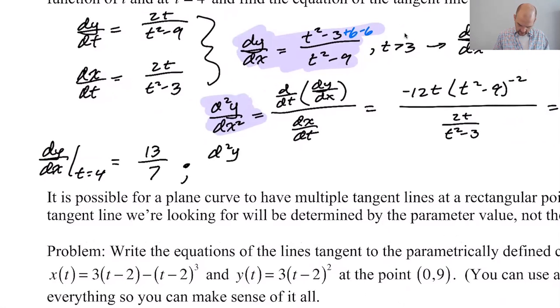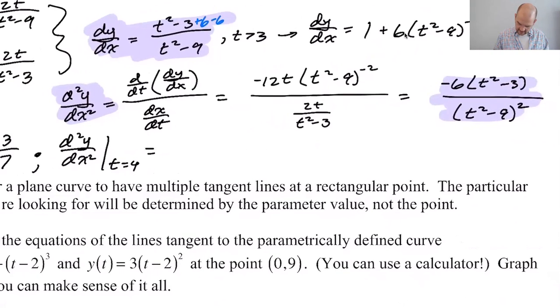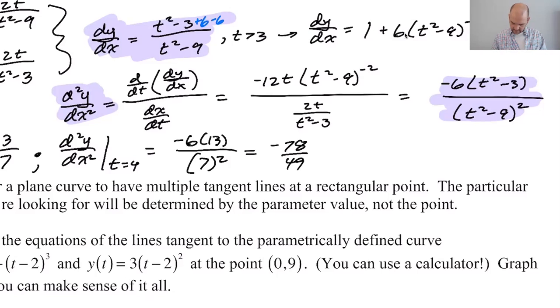Second derivative, I mean, this is just substituting, not that exciting. This is -6 times 13, great. And then over, because I'm plugging in 4, 16, so 7 squared is 49. -6 times 13 is -78 over 49.